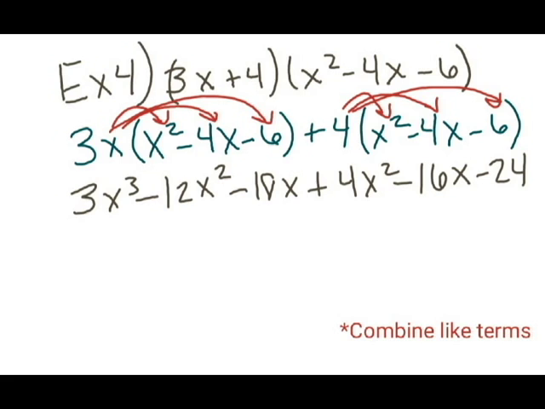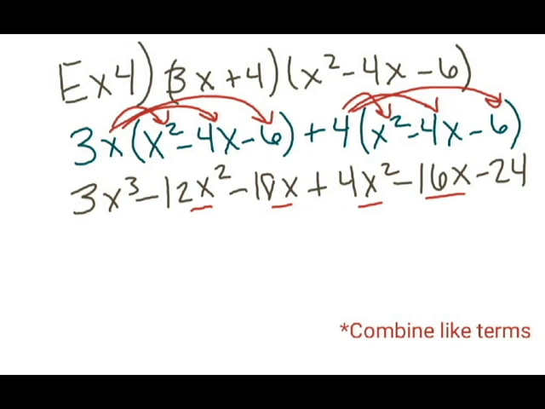I'm going to keep repeating myself over and over again and remind you that when we get our final answer, we always have to make sure to combine like terms. We take a look at our variables and see the variables with the exponents that match, which is x squared and x squared and x and x. So we're going to add those variables.